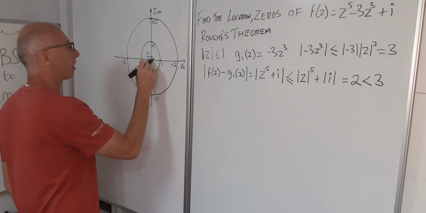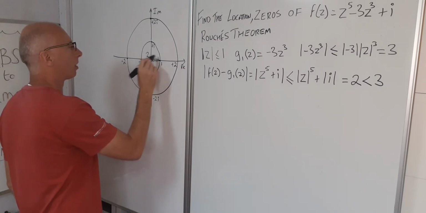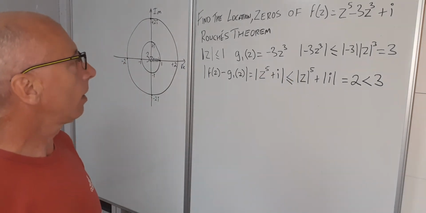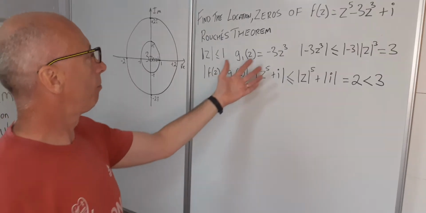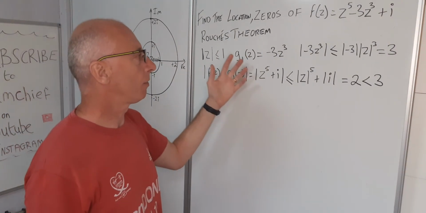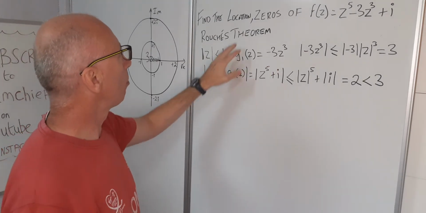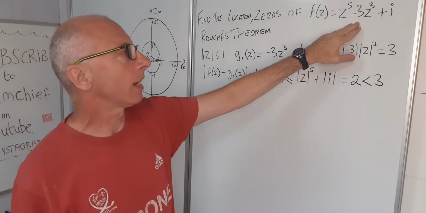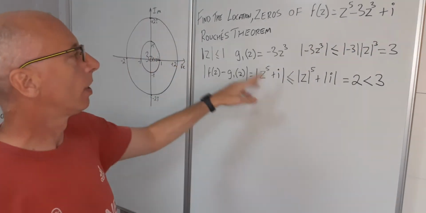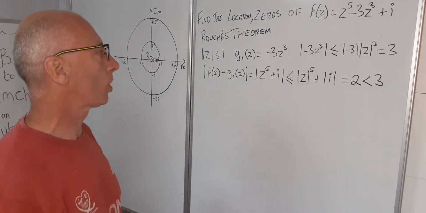So that takes care of the first circle there. And as the polynomial here is analytic all the way through the values of modulus z equals 1, this will hold for Rouché's theorem.